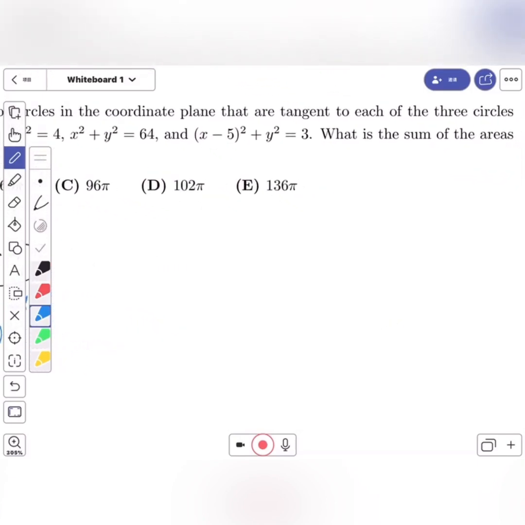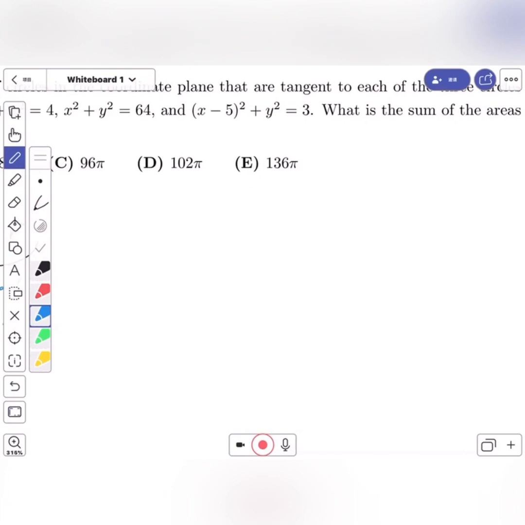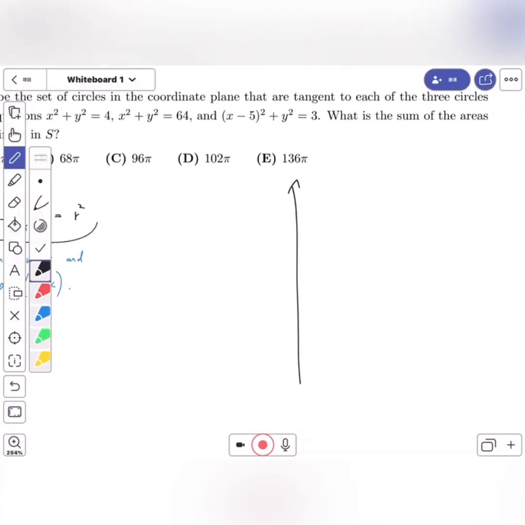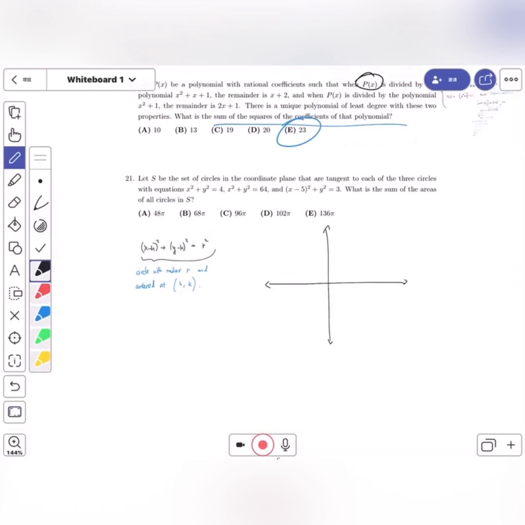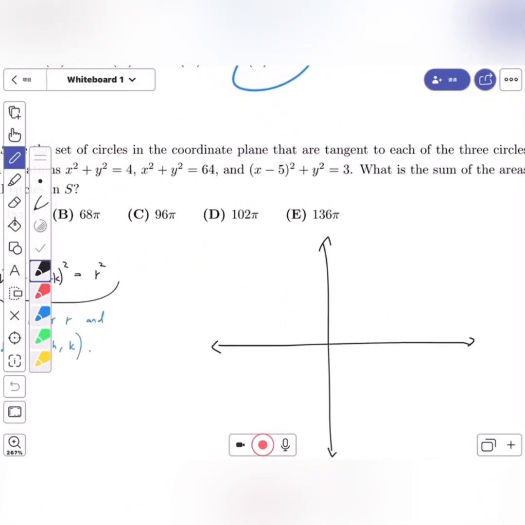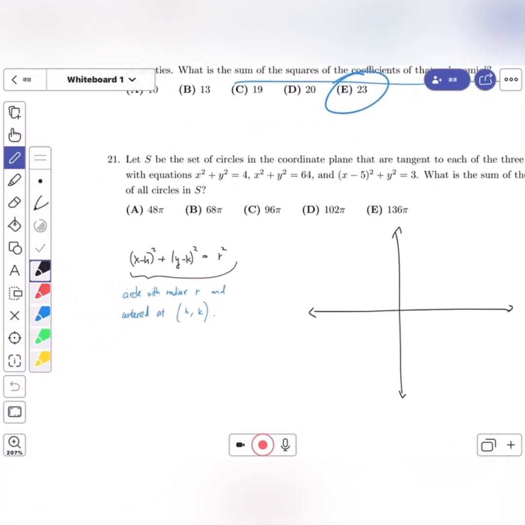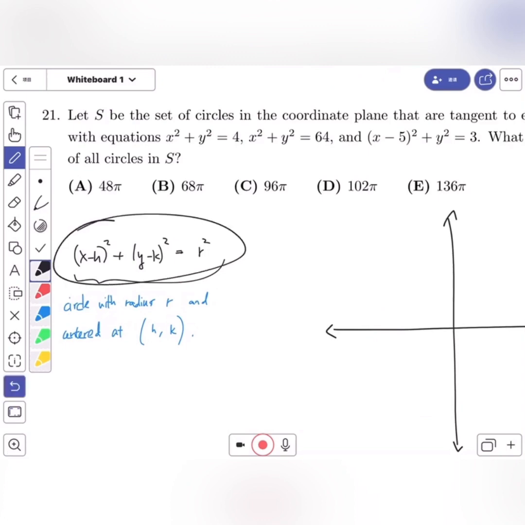So now let's try to graph this situation. I have this graph. Now let's sketch what is happening here. x squared plus y squared is equal to 4. Plugging into the vertex form, we get that h and k are 0, so it's centered at the origin.